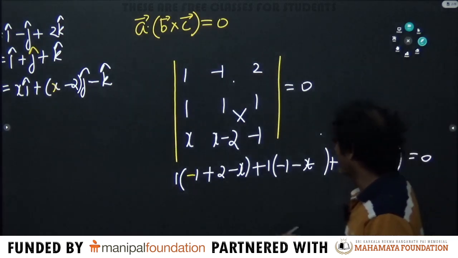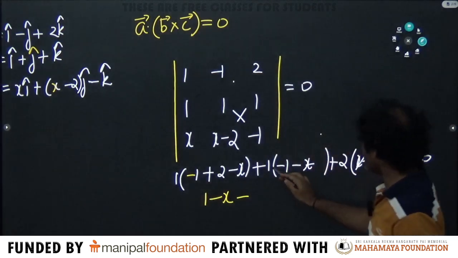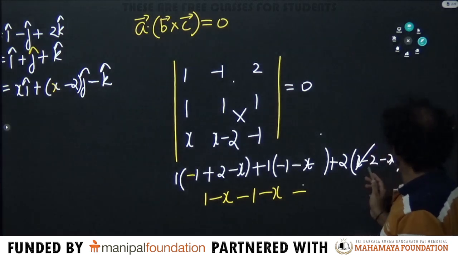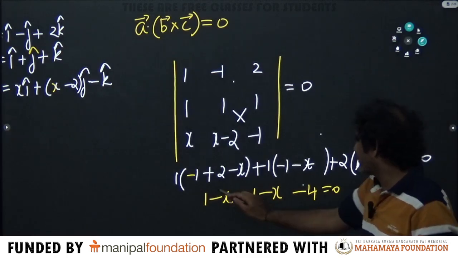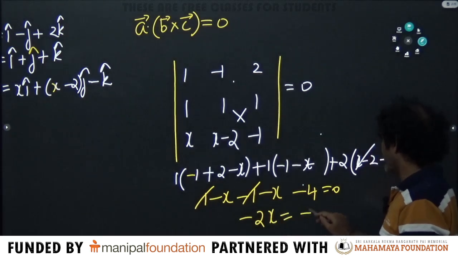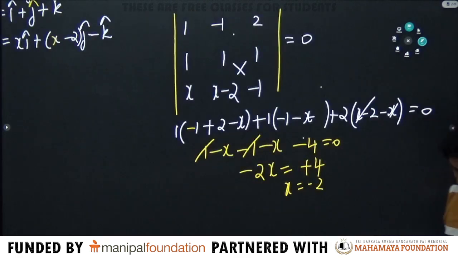Solve it. Isn't it 1 minus x, here minus 1 minus x minus 4 equal to 0. So 1 minus x goes, minus 2x, and going out it becomes 4, x is minus 2, done. That's it. Okay, very simple sum.